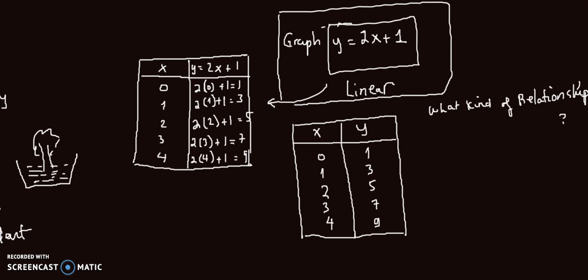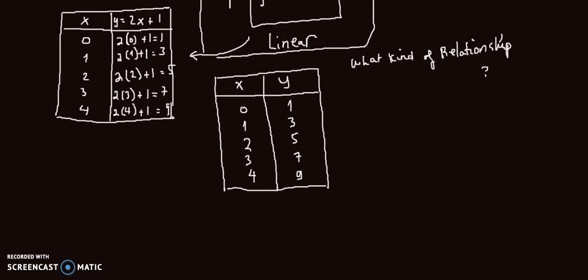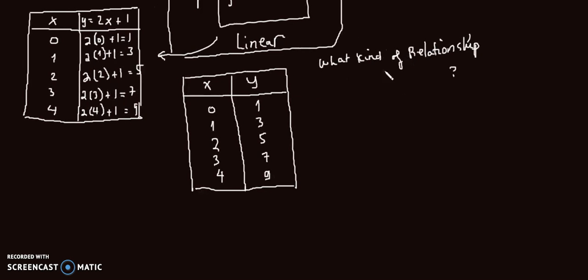But to focus on this one, you're given this data table, and they ask what kind of relationship is that? Is it linear or nonlinear? Now how do we solve this problem? It's all about the slope.